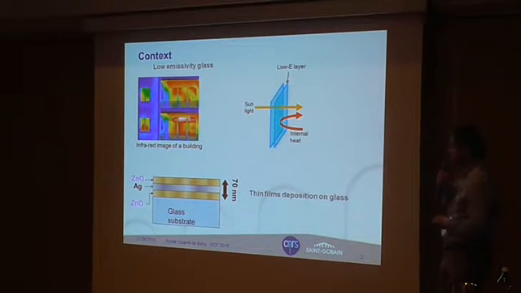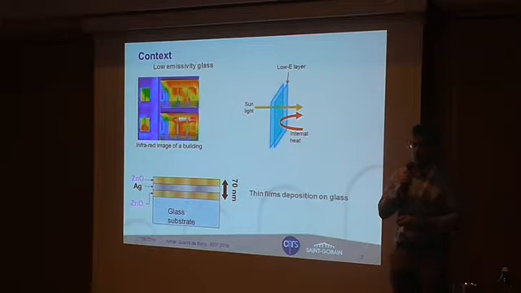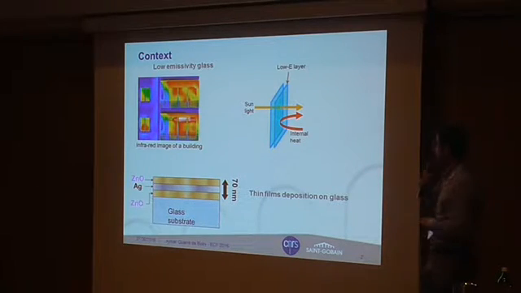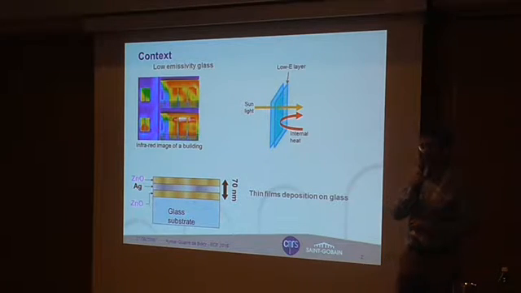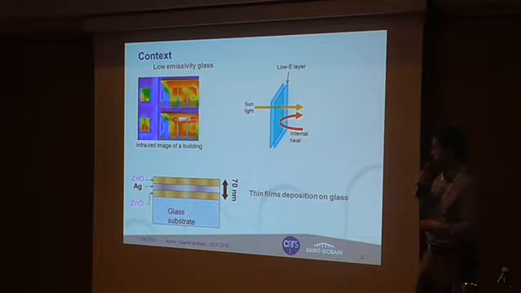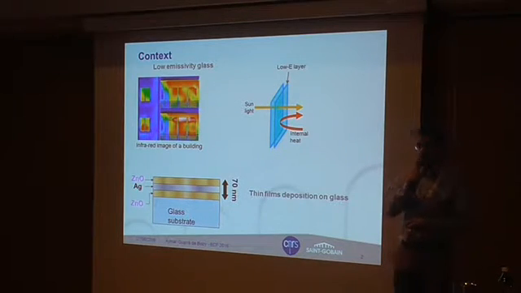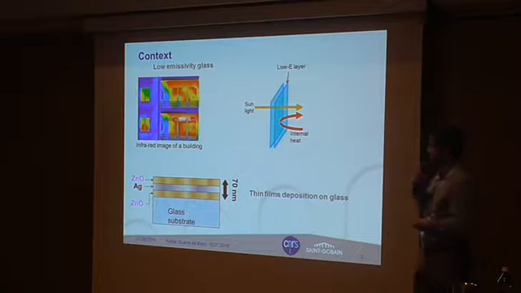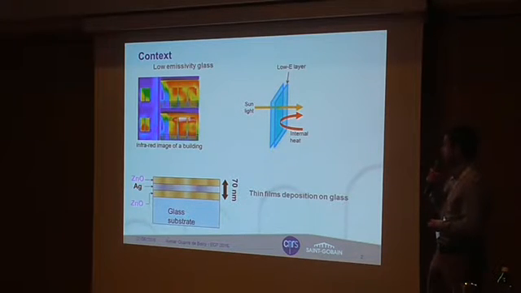It allows less sunlight to enter, but reflects the internal heat in the room, so we can save a lot of energy. Those films are very complex, but in our study, we model them by a silver layer between two zinc oxide layers on a glass substrate.